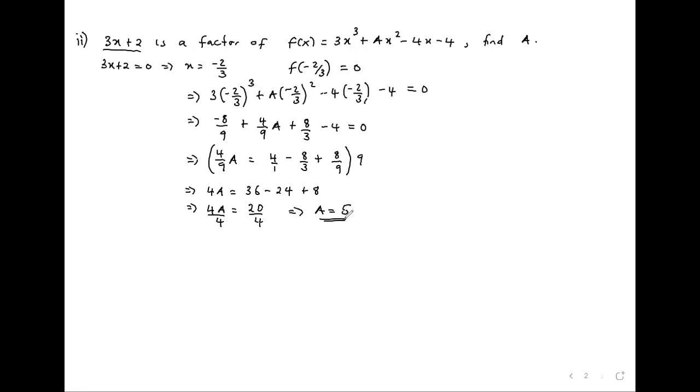And then we are told next to use the value of a found in 2 above to factorize the equation completely. So 3, use the value of a in part 2 to factorize f of x.